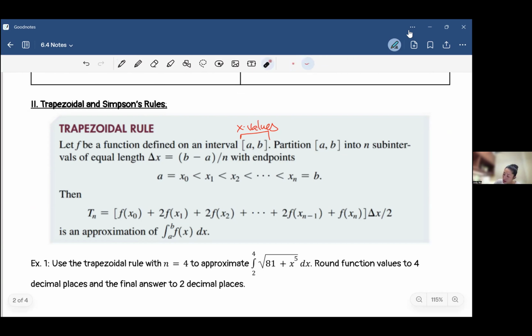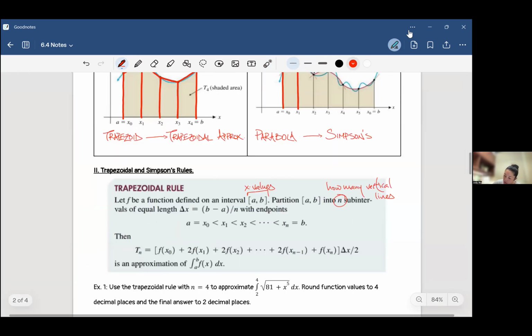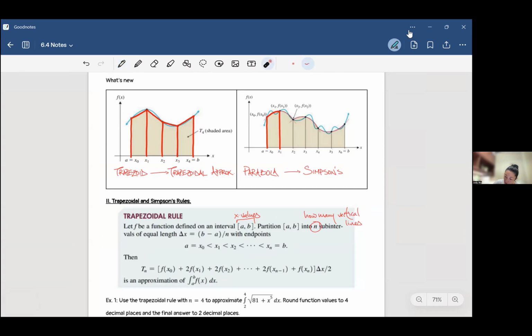Now we're going to cut this interval into n subintervals. So in other words, this is like how many vertical lines. Okay. So if I kind of go back to this one, I have like 1, 2, 3, 4 intervals. That would be n is 4. This one is 1, 2, 3, 4, 5, 6. So n equals 6. Okay.